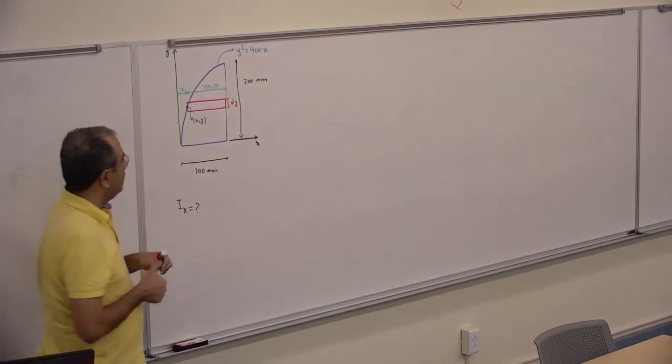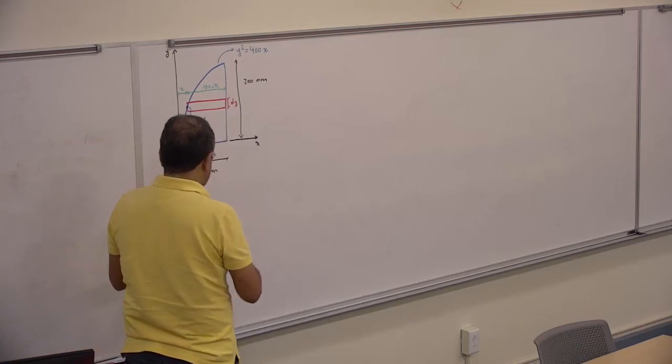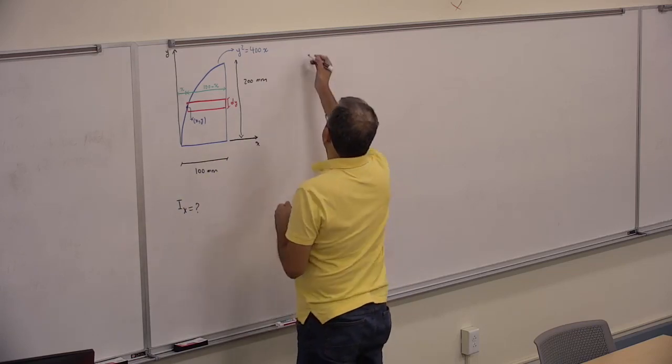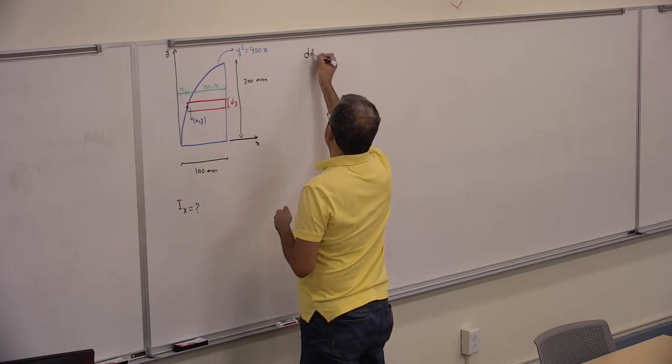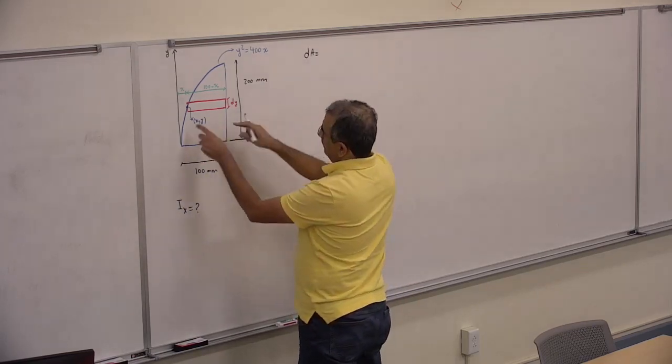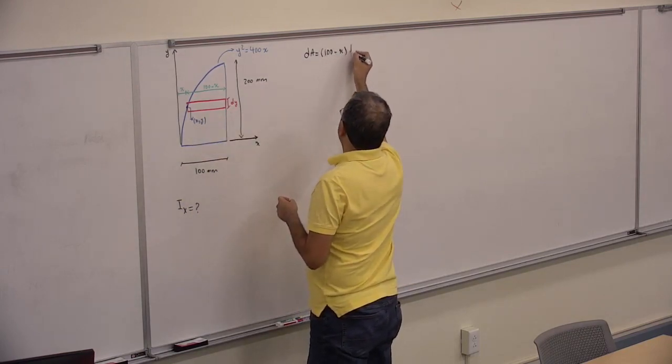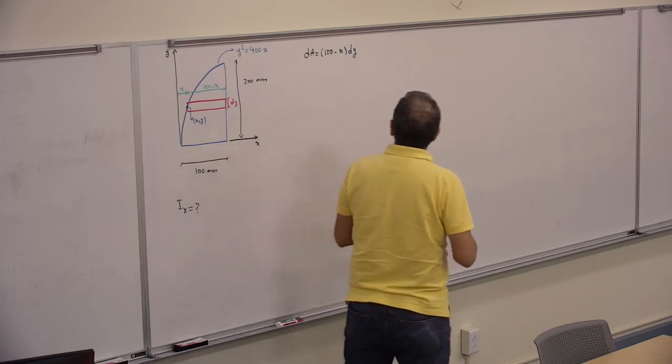So the dA, if I want to write it, is going to be 100 minus x dy. Right?